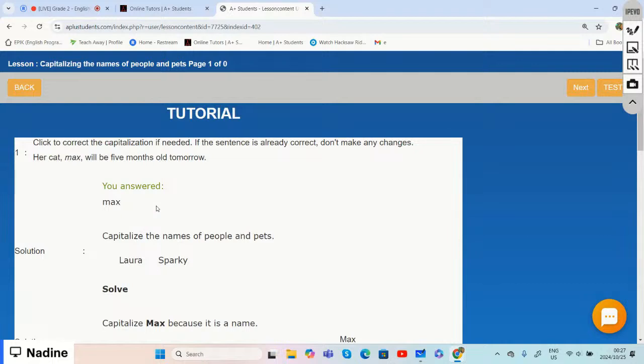All right. So we capitalize names of people and we capitalize names of pets.